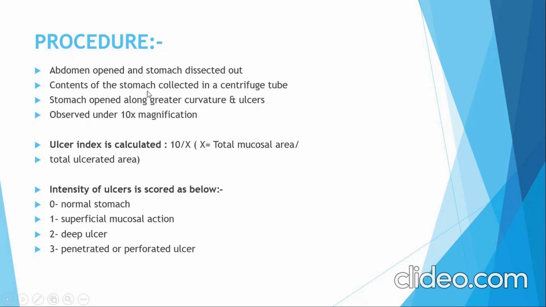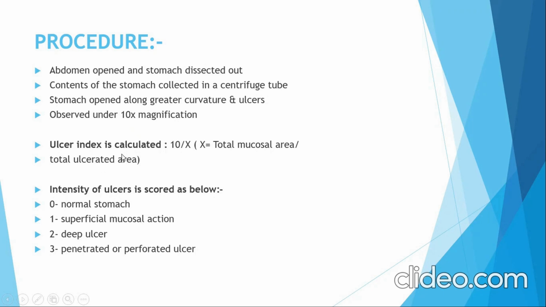The content of the stomach is collected in a centrifuge tube and centrifuged, and the supernatant is assayed against NaOH so that we can find out the acidity of the gastric content. The stomach is opened along the greater curvature, and we need to find the ulcers by visualizing it under 10x magnification.